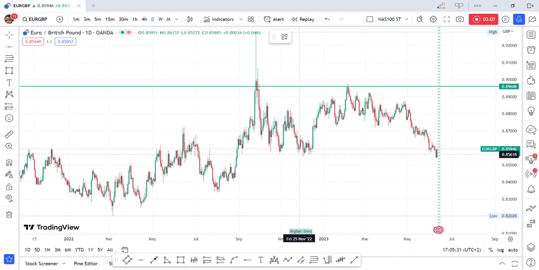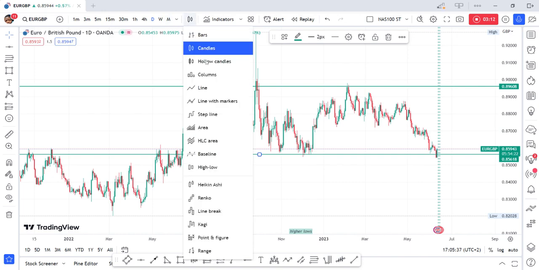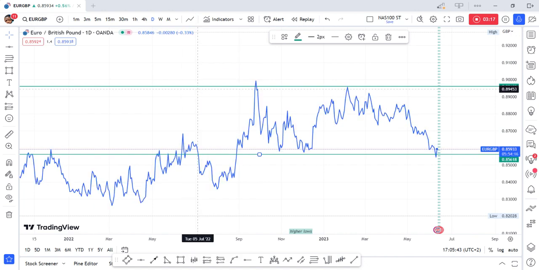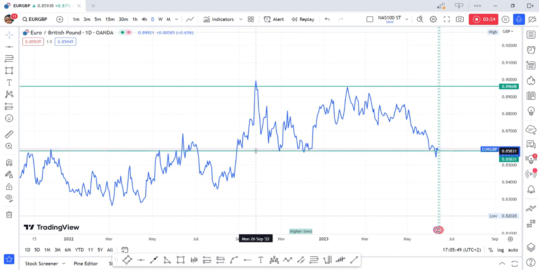In order to know where to put these lines, you can just use a line chart. A line chart is very simple, because you can see that it was not accurate, but on the line chart it is now accurate.